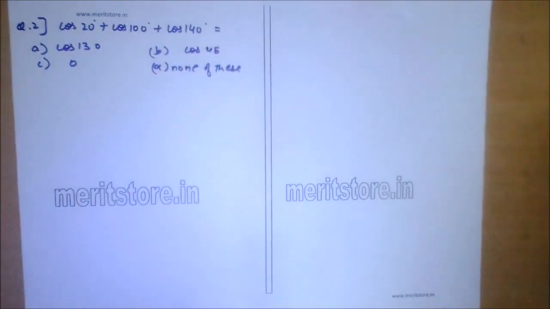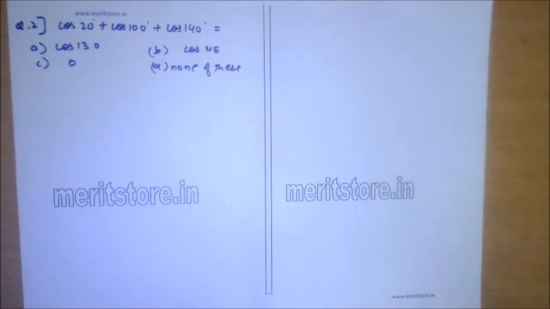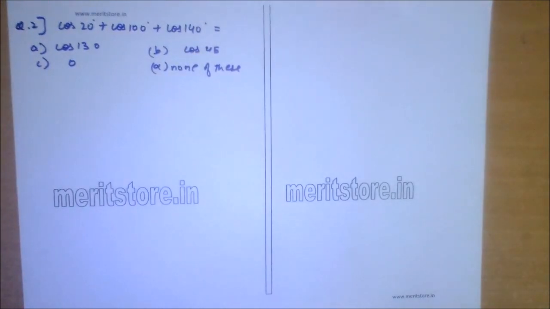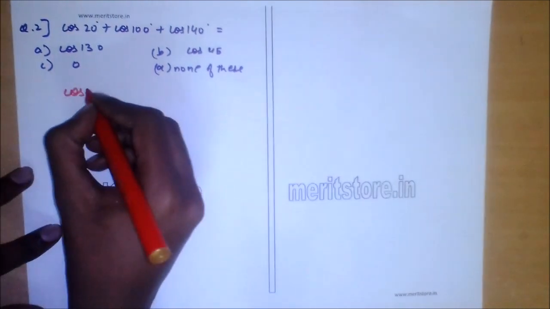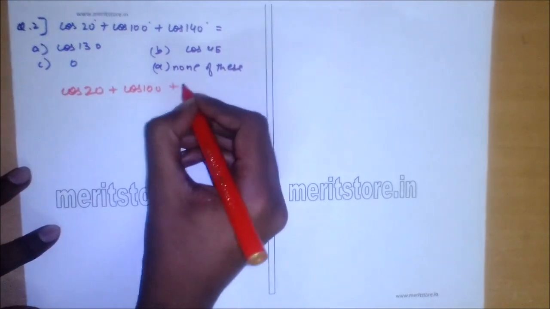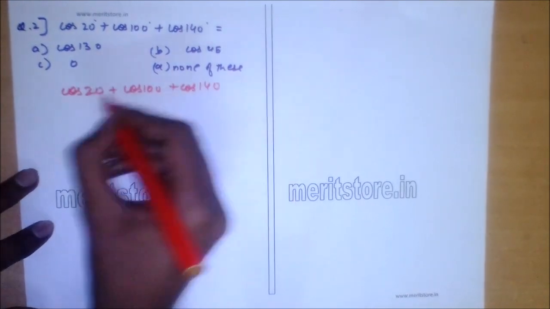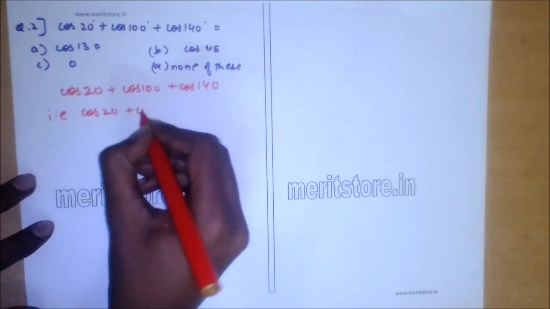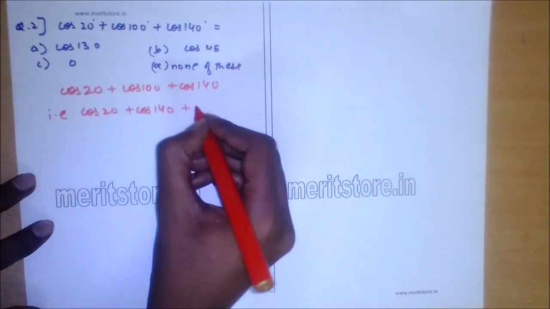So we need to find the value of cos 20 plus cos 100 plus cos 140. The options are cos 130, cos 45 and 0, or none of these. So let us rewrite the expression cos 20 plus cos 100 plus cos 140. That is cos 20 plus cos 140 plus cos 100.